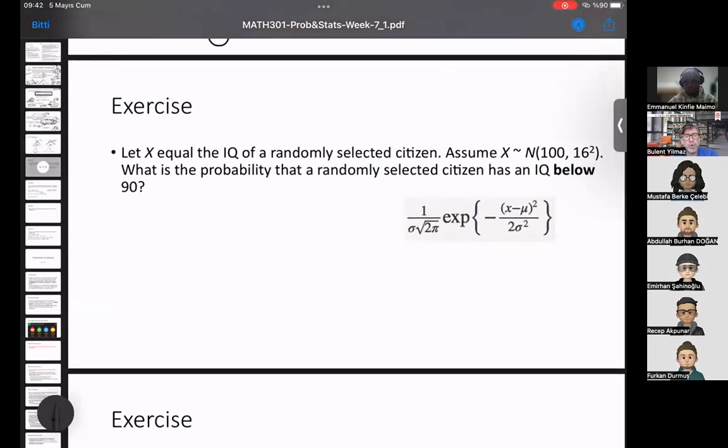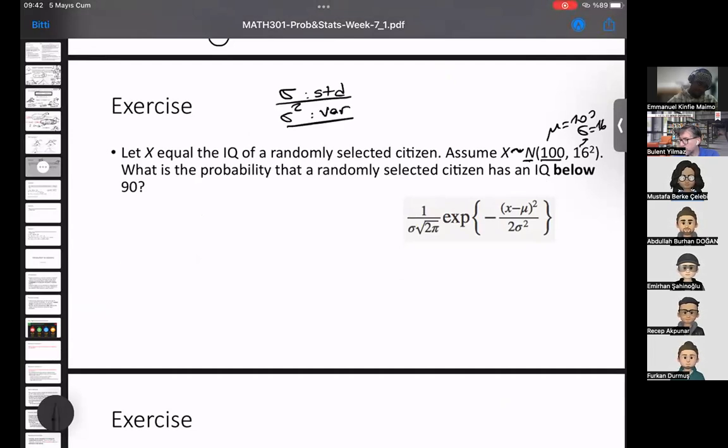For example, here is one example. Let X equal the IQ of a randomly selected citizen, and assume X is distributed according to the normal distribution whose mu is 100 and whose standard deviation is 16. The variance is 16 squared, since standard deviation squared is variance.